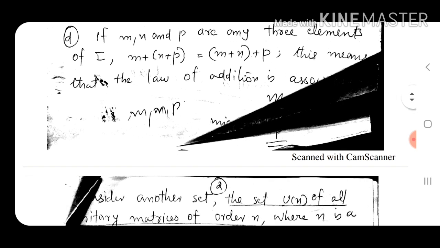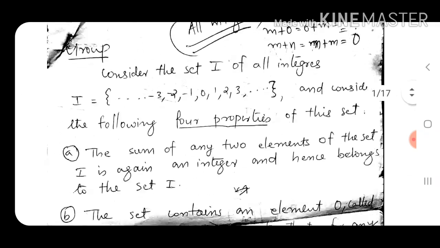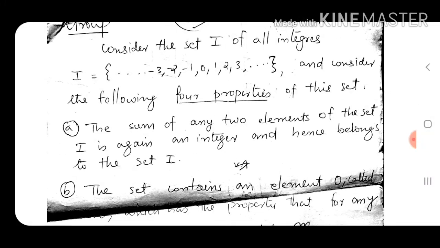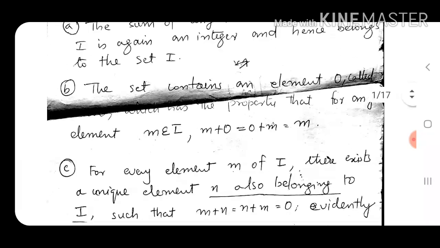So the law of addition is associative. In this example of the set of integers I, we see it has four properties.